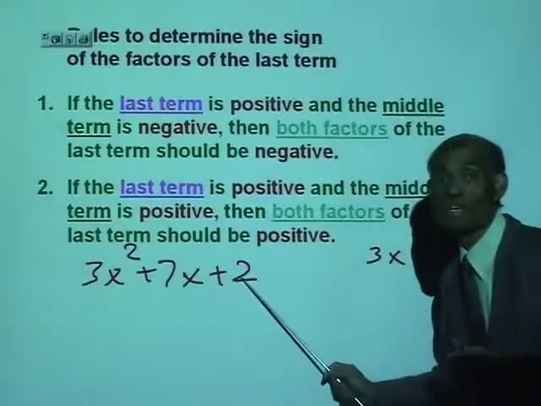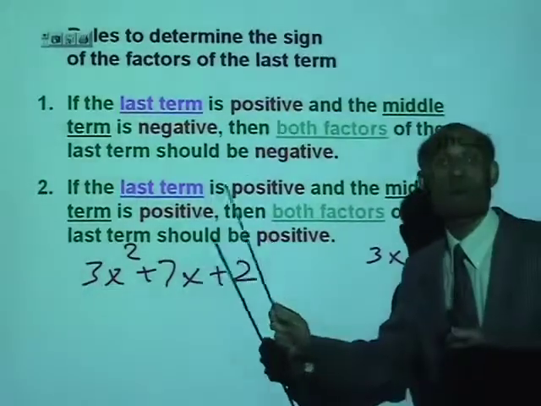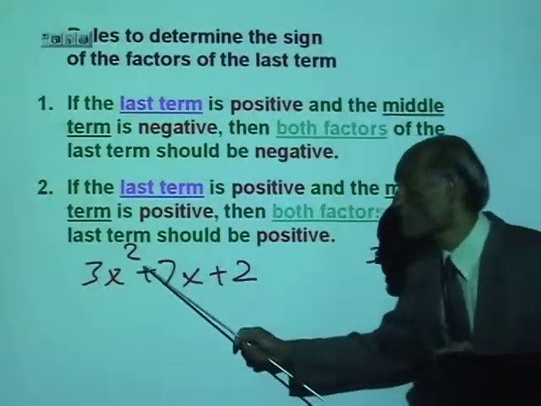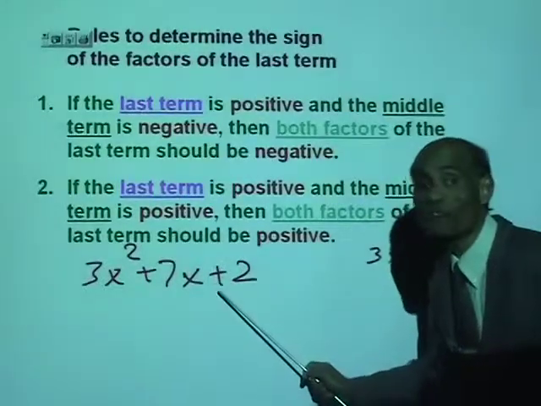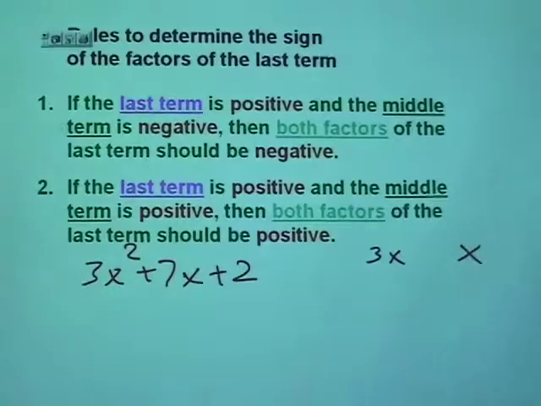Positive 2 is factored as positive 2 times positive 1. The last term is positive, the middle term also is positive. That means both the factors of this number must be positive. So I'm going to write it as positive 2 and positive 1.